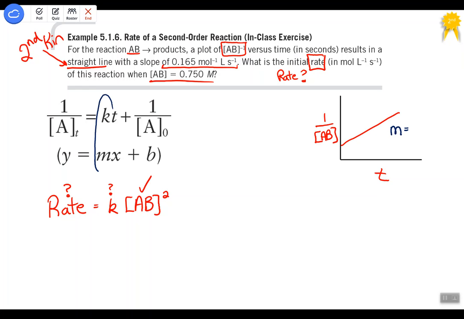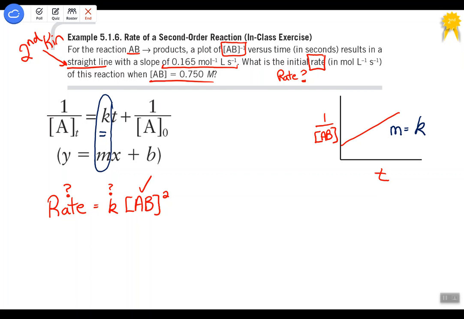And I hate memorizing things, so I pull out this second order rate law and say, is there anything I can glean from this information? This rate law aligns with the equation for a straight line. I can see that m, the slope, lines up with k when I arrange it like this, y equals mx plus b. So that means that k equals m.